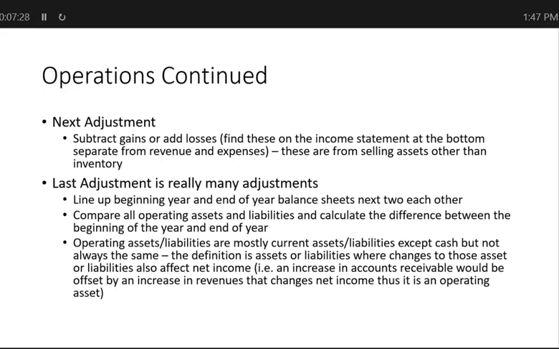Remember, we learned in earlier accounting classes that separated on the income statement at the bottom typically are gains and losses, because they're calculated differently than revenues and expenses, and they really are not directly related to cash. And so we're going to take them off by basically subtracting the gains or adding the losses.